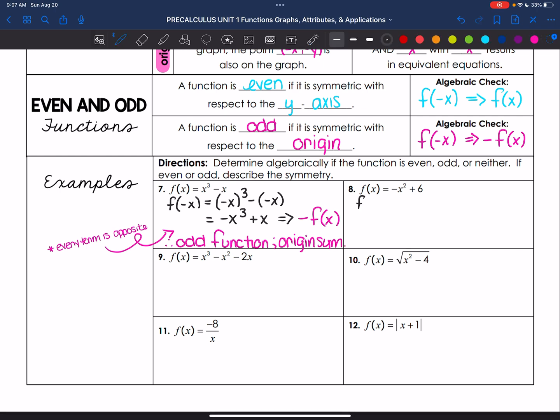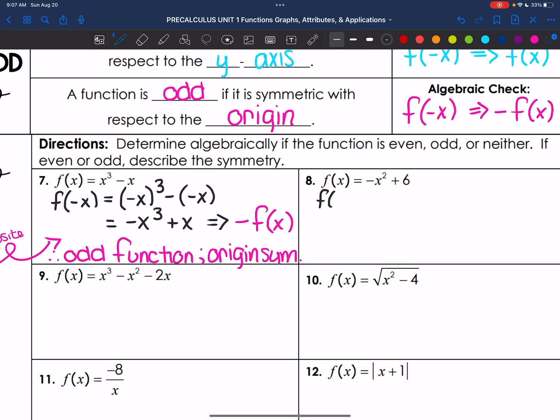Again, we want to take our function at the opposite of x. So this is going to be the opposite of x squared plus 6. So what happens when you square a negative like that? What's going to happen there? Well, it's going to be positive. I still have the negative out front, but now this is going to be a positive x squared plus 6.